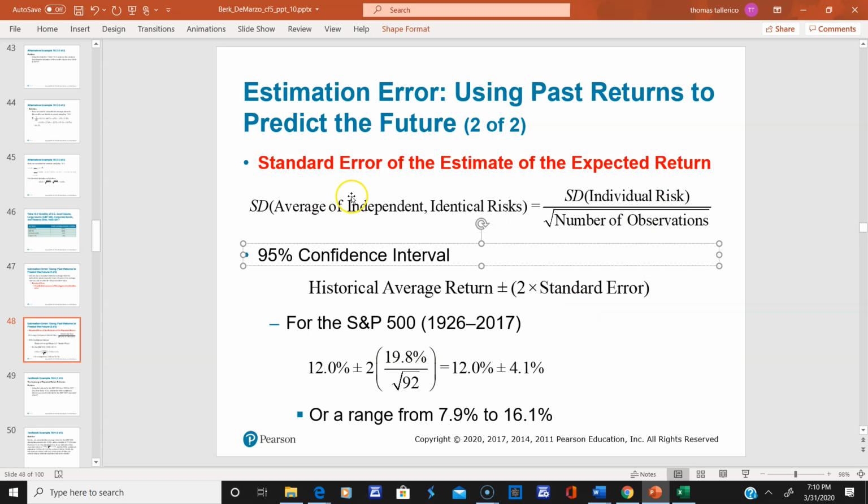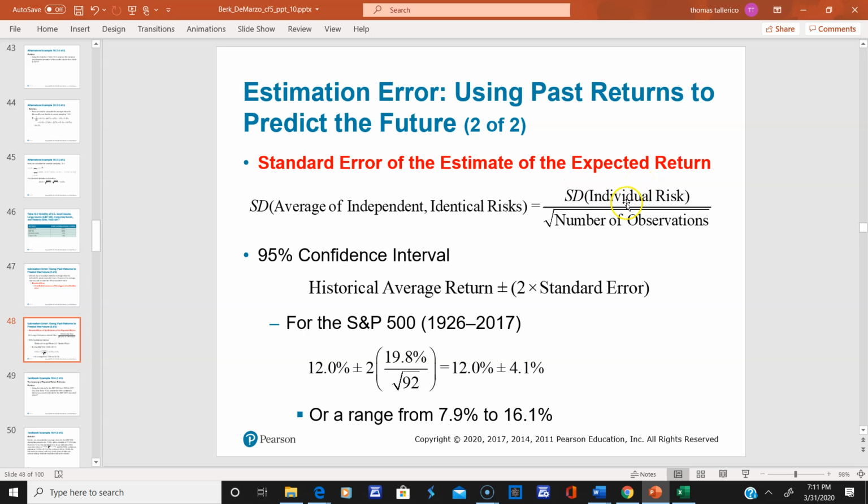So how do you get the standard deviation of the average? You take the standard deviation of the individual risk and divide that by the square root of the number of observations. We calculated the standard deviation previously.